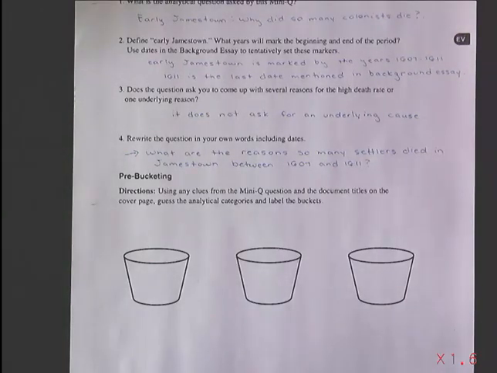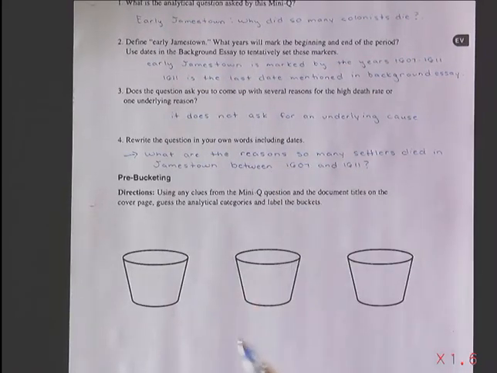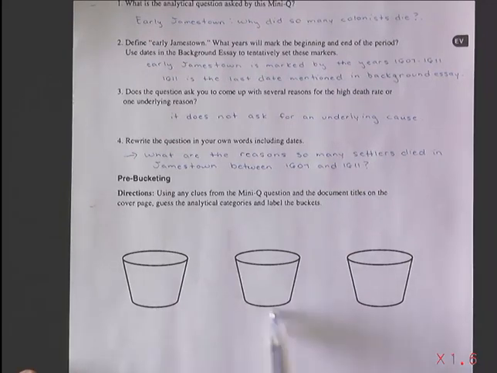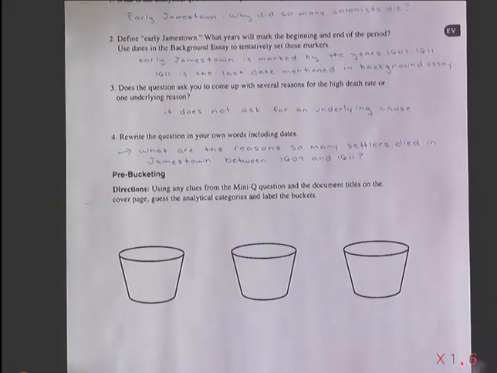Okay, so I am going to go ahead for this one and give you what that paragraph, or what that reason, will be. So then as you're reading through those documents that you're going to be doing over the next couple of days, you're going to figure out which reason does that document support, okay?